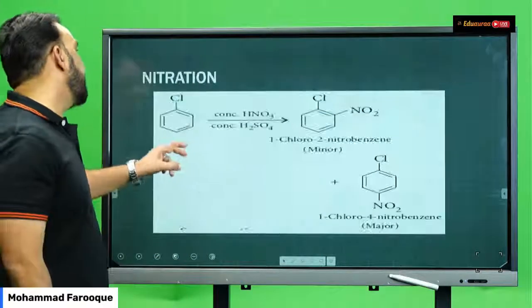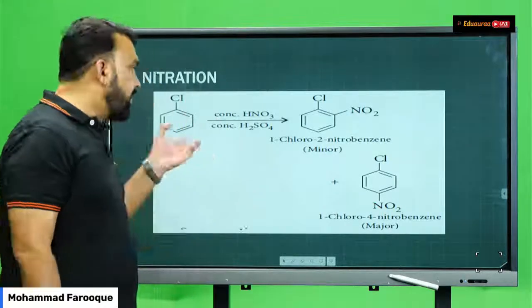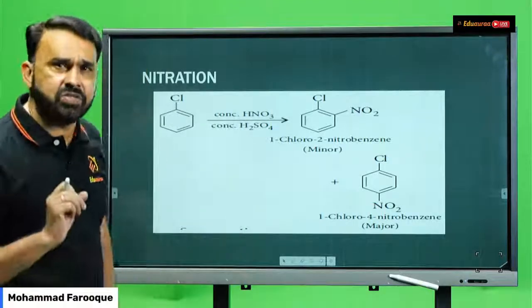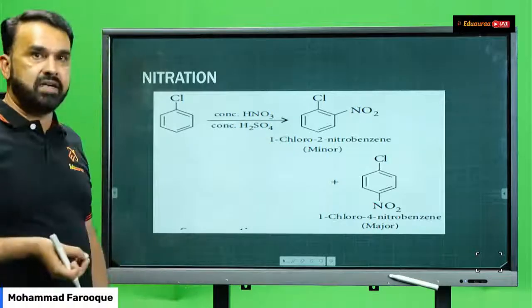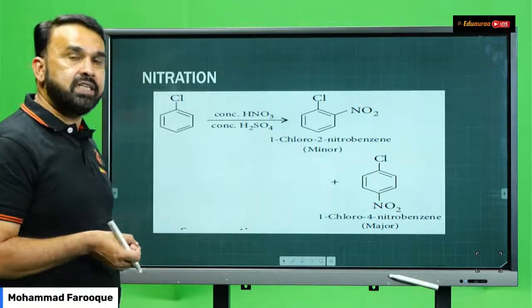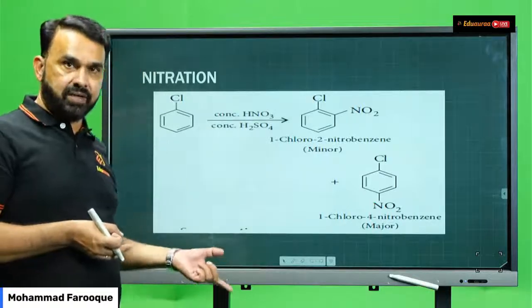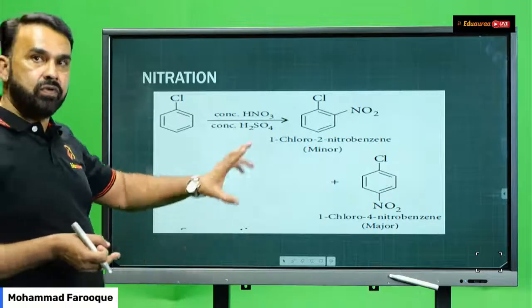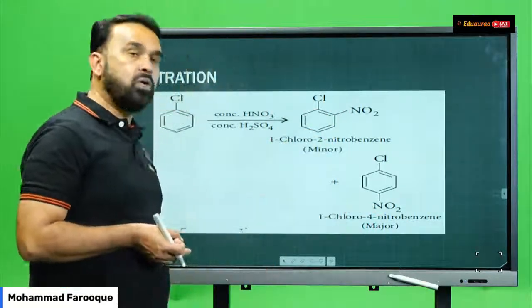Similarly, in nitration, chlorobenzene is treated with nitrating mixture. And what is nitrating mixture, students? It is a mixture of concentrated nitric acid and concentrated sulfuric acid. Here sulfuric acid is the catalyst, nitric acid is the reagent. Again you get a mixture of two products, ortho-nitrochlorobenzene and para-nitrochlorobenzene.